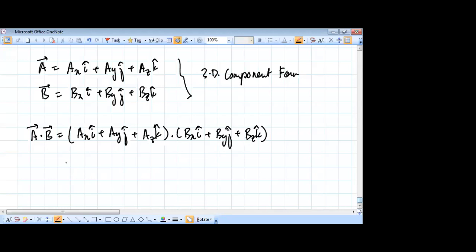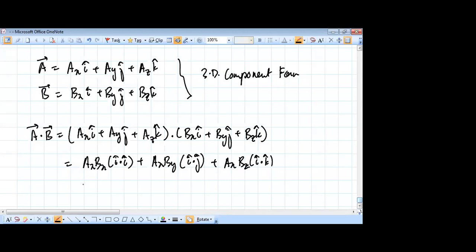So next step, when you open this bracket, you will have Ax Bx going with I cap dot I cap plus Ax By with I dot j. Now ये term कितना हो जाएगा? 0 हो जाएगा because I dot j is 0. Similarly, the third term Ax Bz, ये term भी 0 हो जाएगा because it is I cap dot k cap.